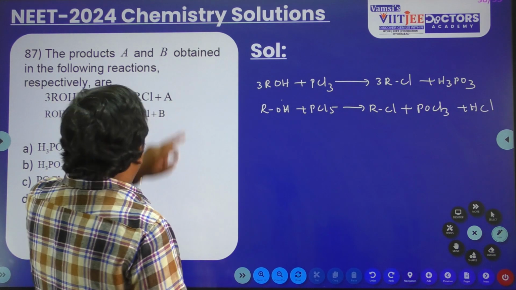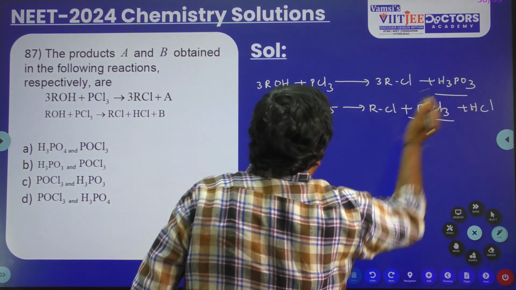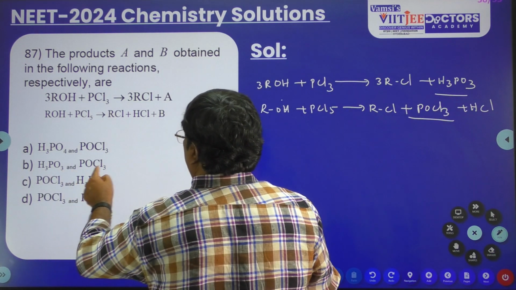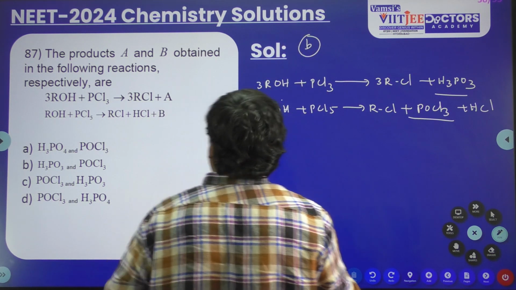Here what is A means phosphorus acid. What is B means POCl3. H3PO3, POCl3. Here option is taken as B.